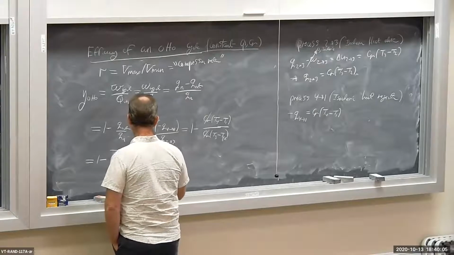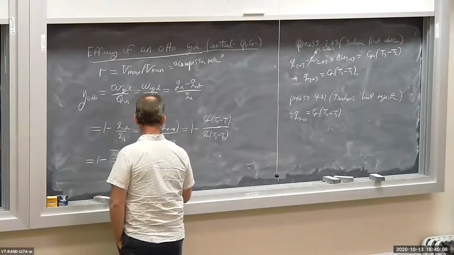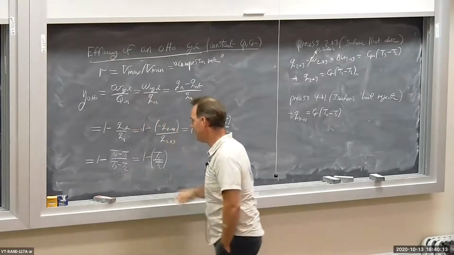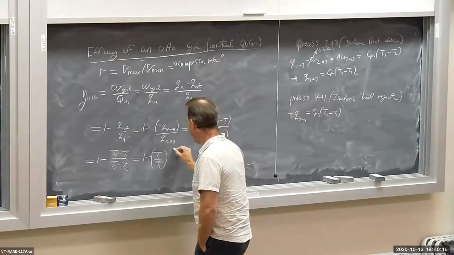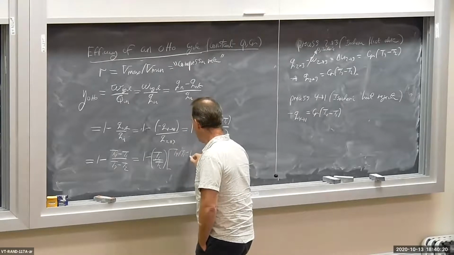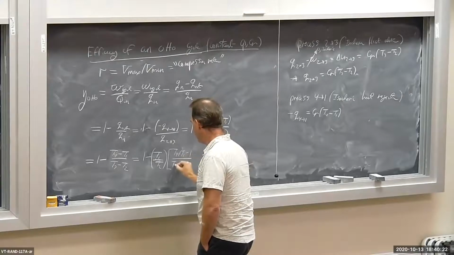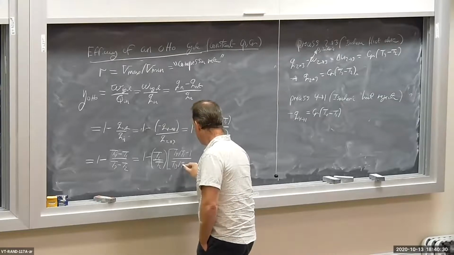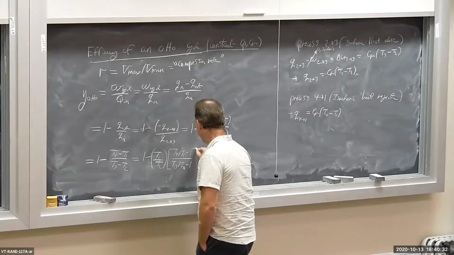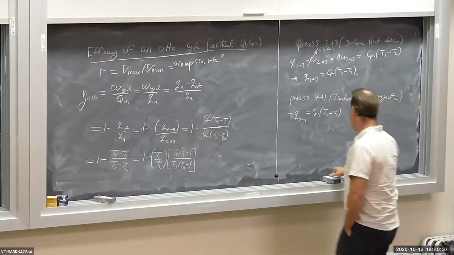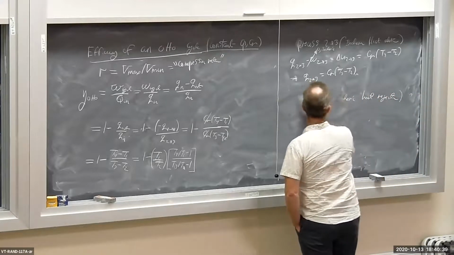So I'm going to do 1 minus T1 over T2, extract out the T1 and the T2, and I have T4 over T1 minus 1 and T3 over T2 minus 1. Okay, that might look a little bit strange, but just bear with me for a second.